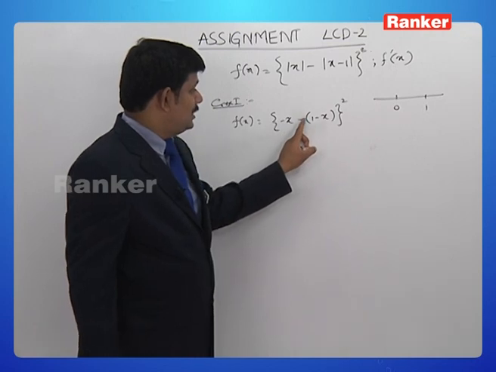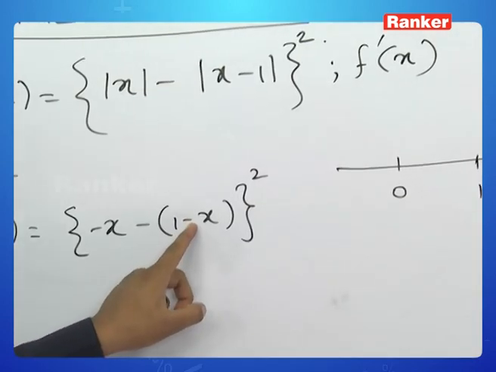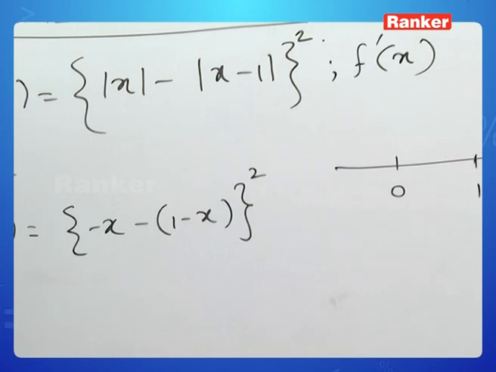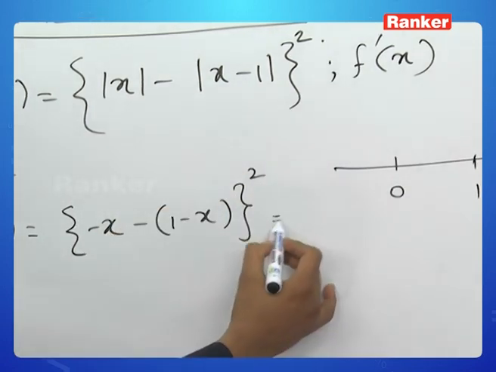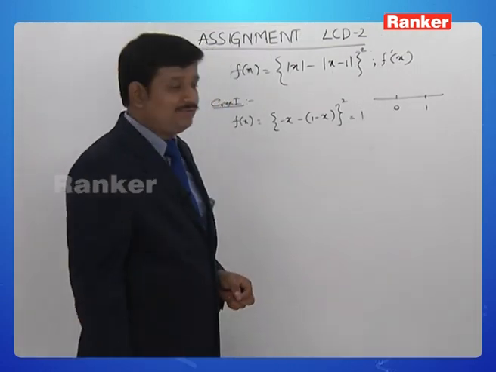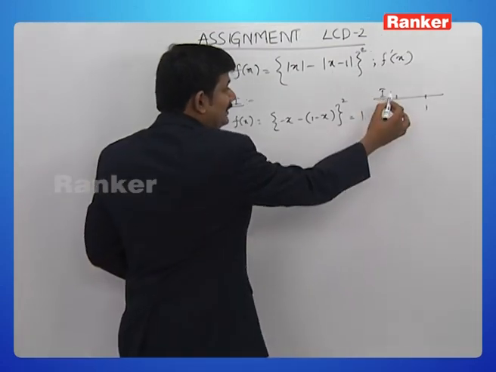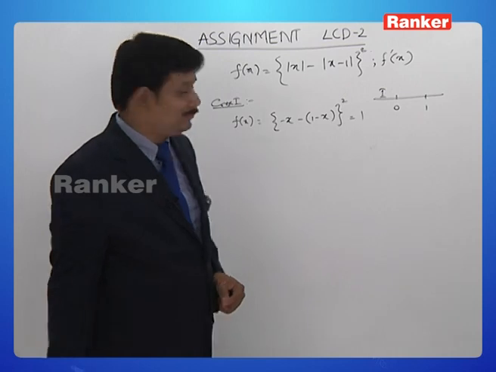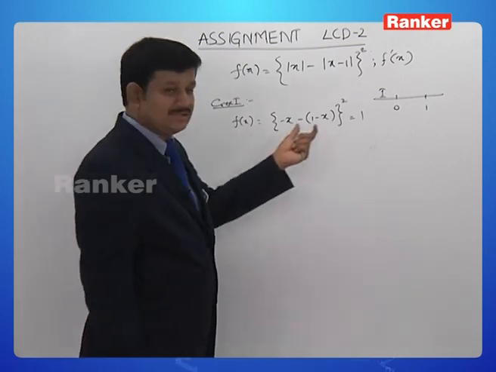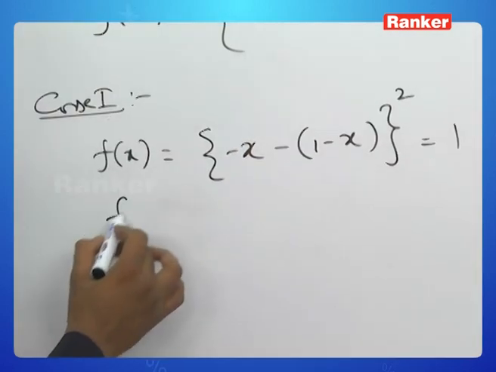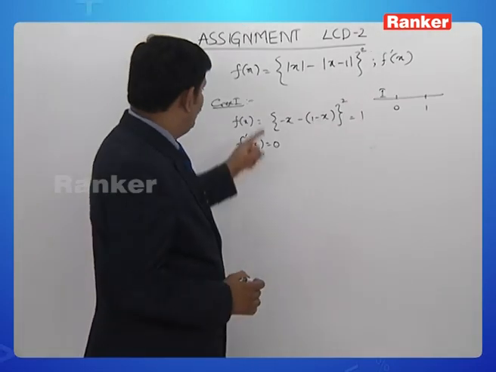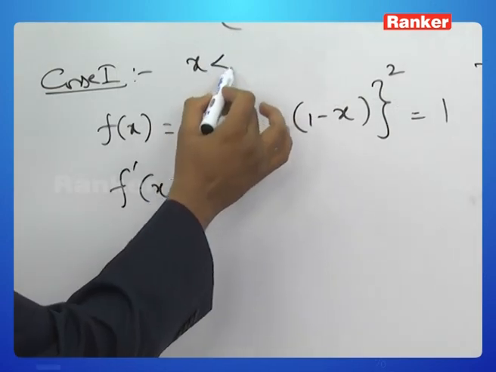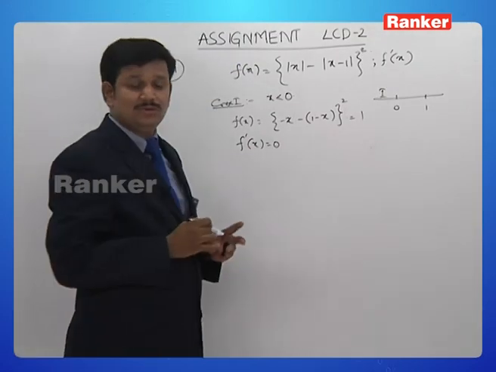Minus x times 1 minus x, x and x get cancelled. We are left with minus 1 whole square, which is 1. So, f of x is a constant function whenever x is less than 0, and derivative f dash x will be 0. So, whenever x is less than 0, f dash x is equal to 0.